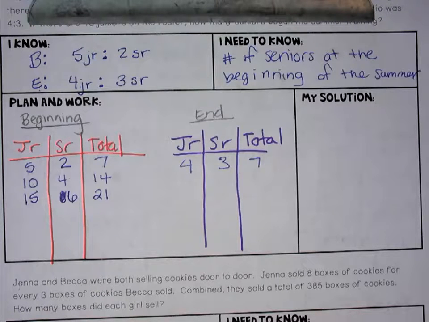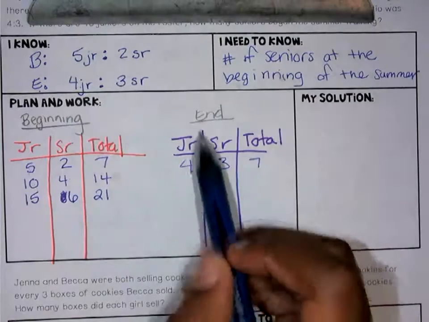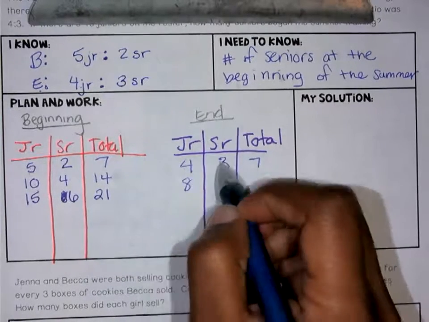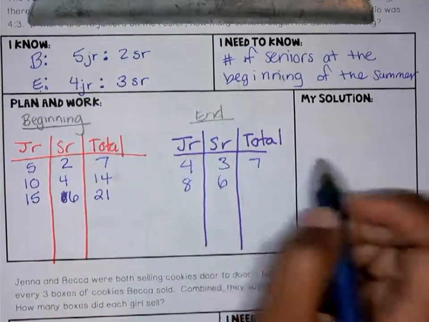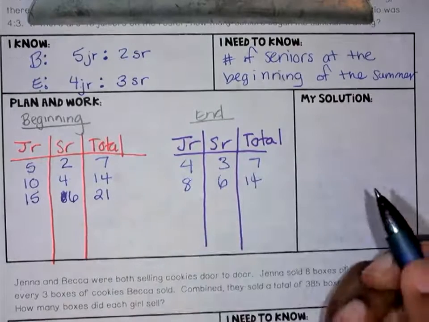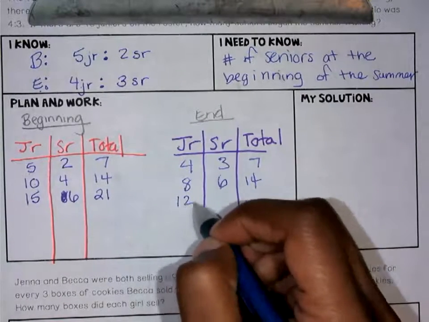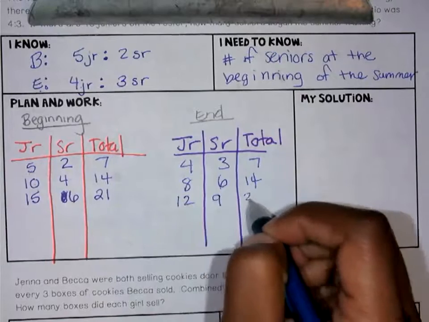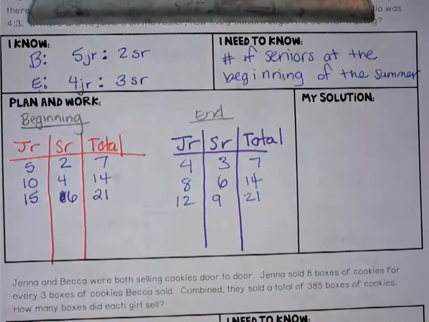Again, doubling this, it will still make it 14. Same thing, you add 4 more, add 3 more. So I want you to pause this and keep going. You may need to write a little bit smaller, or you can write on a separate sheet of paper. Work out the ones until you get to 48 juniors, okay?